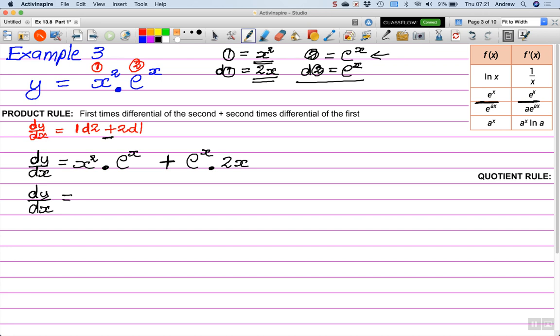So what's the common factor? I'd like to think I could pause here and you tell me. You should be pretending this is you in the classroom. You should be thinking. And the common factor clearly is, okay, so what is the common factor? Well, the common factor is clearly e to the x for both, and also x.